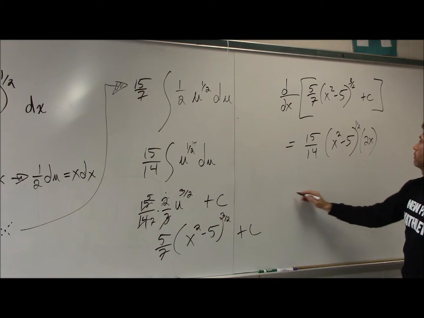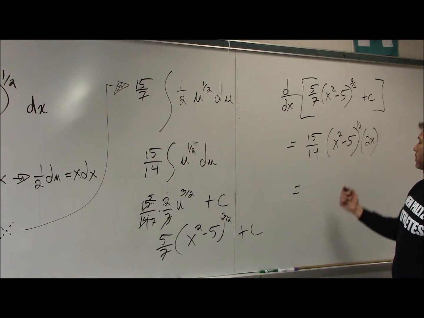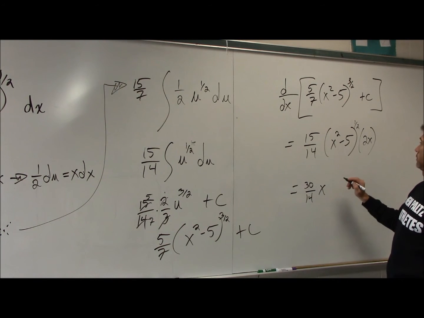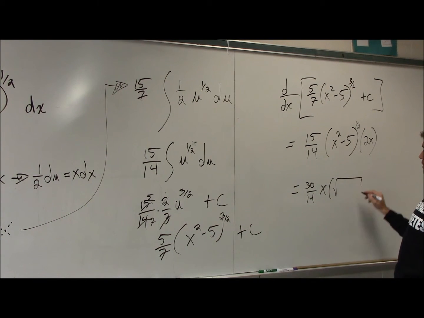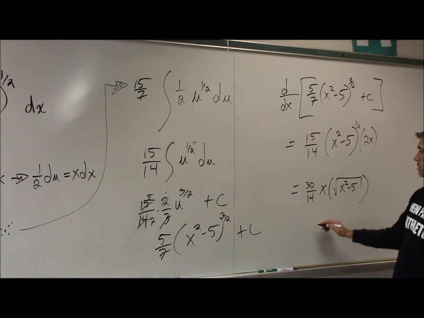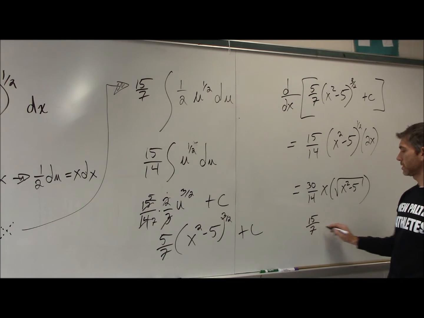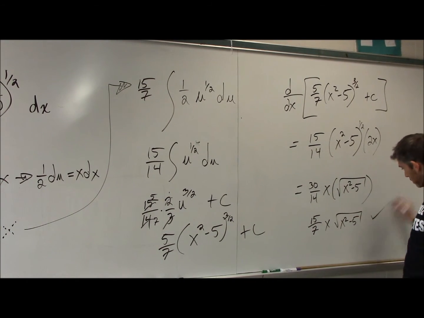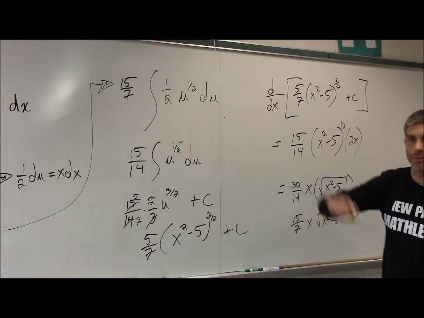That's a 2x. This is 30/14. I guess I can just rewrite that back as x square root. 30/14, I'm pretty sure is the same as our original 15/7. And our check is complete. Our derivative is what we were trying to integrate.